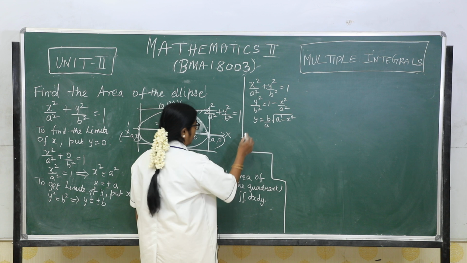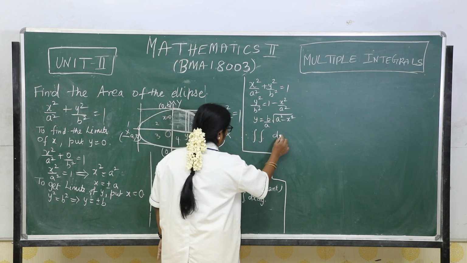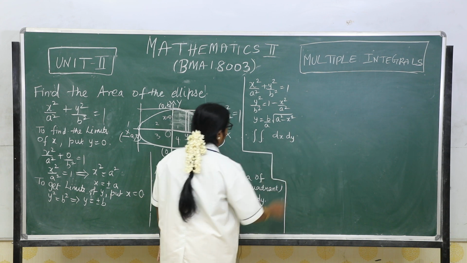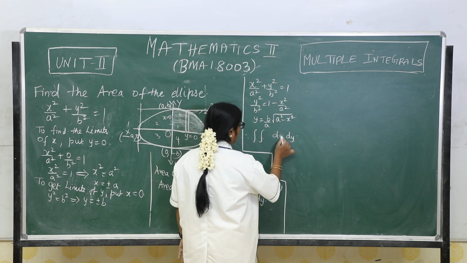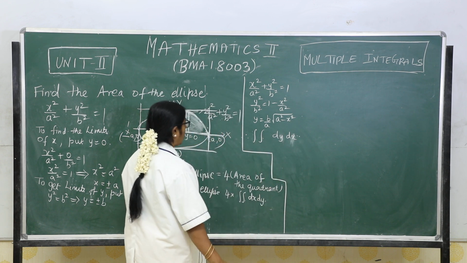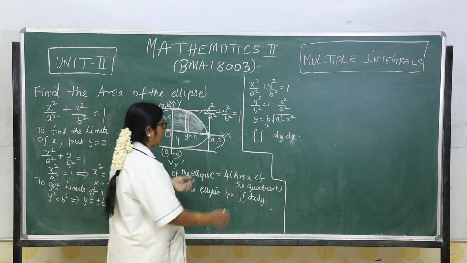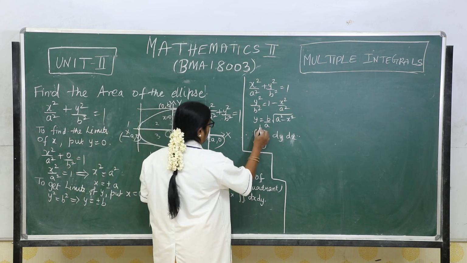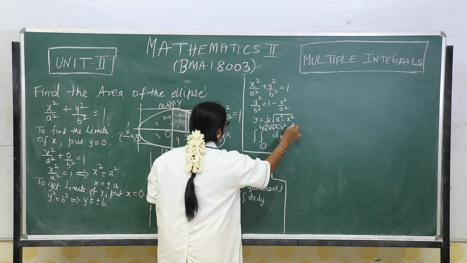I will find out only the double integral. Therefore, double integral dx dy, or I can write it as dy dx, whichever is suitable for me. What are the limits of y, because I am going to take the vertical strip, y equal to 0 to y equal to b by a into root of a squared minus x squared.